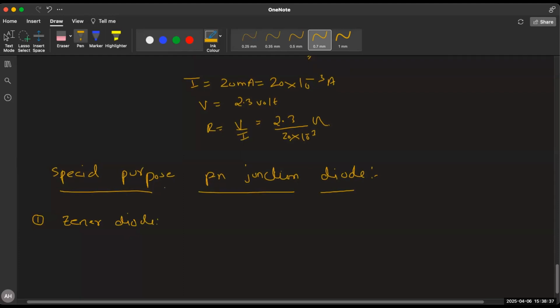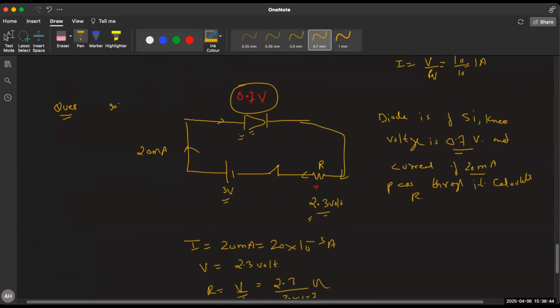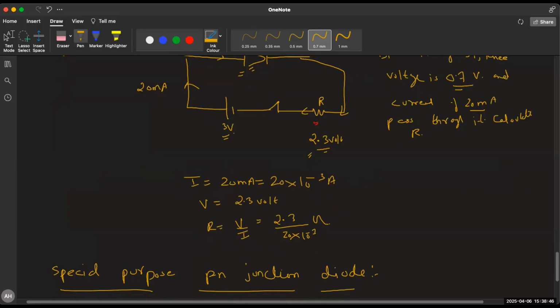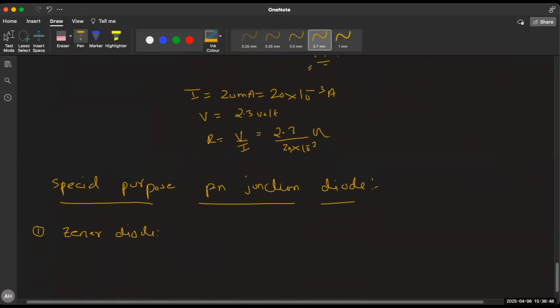So in special purpose PN junction diodes, we make modifications to the real diode, like this usual diode, and the modifications are done to serve a particular purpose.